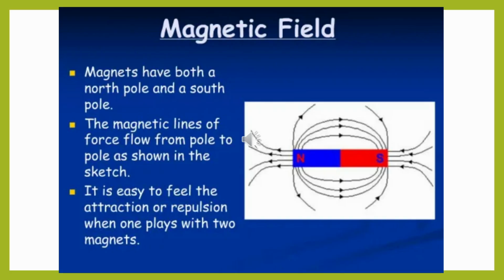If you look at the picture, the magnetic lines of force flow from pole to pole as shown in the picture. It is from the North Pole to the South Pole. It is easy to feel the attraction or repulsion when one plays with two magnets.